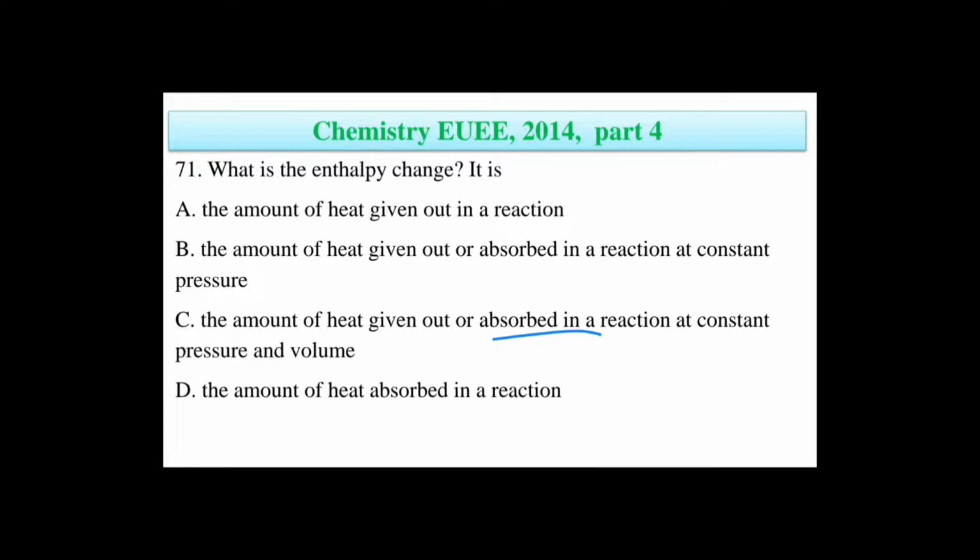Change in enthalpy is the amount of heat given out or absorbed in the reaction at constant pressure. Heat given out is an exothermic reaction, and heat absorbed from the surrounding is an endothermic reaction. So the correct answer is choice B.